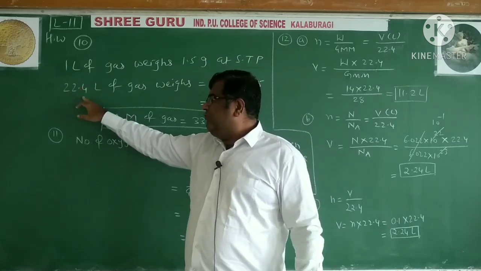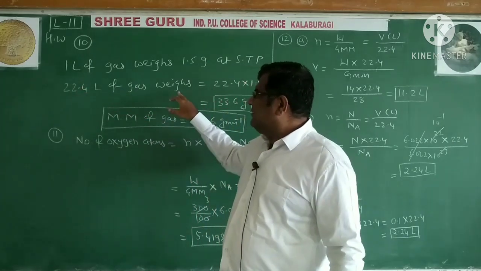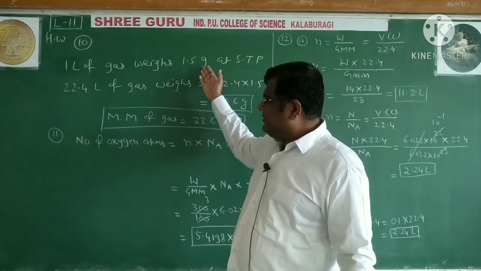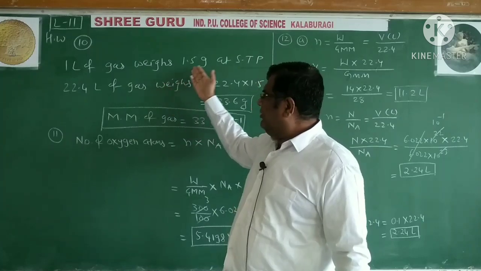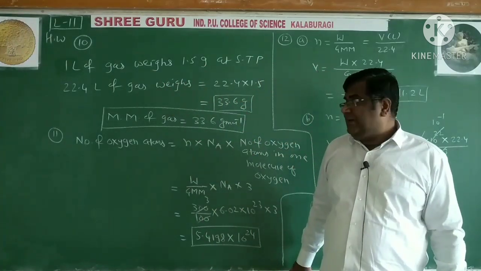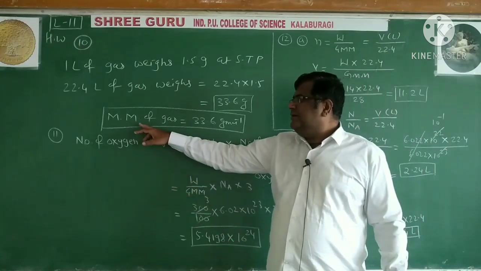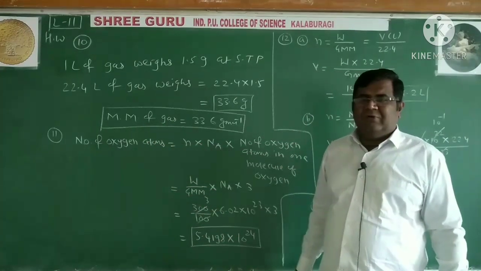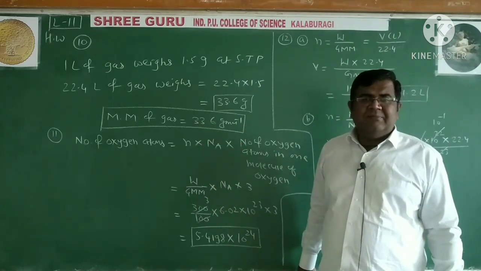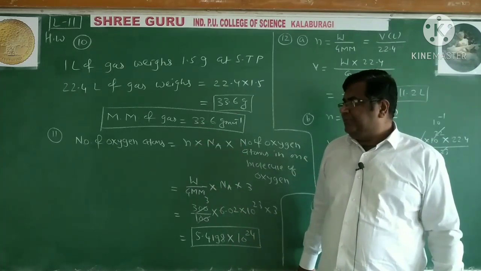So 22.4 liter of a gas has weight equal to what? Just cross multiply: 22.4 into 1.5 equals 33.6 gram. So you can say the molar mass of the gas equals 33.6 gram per mole.